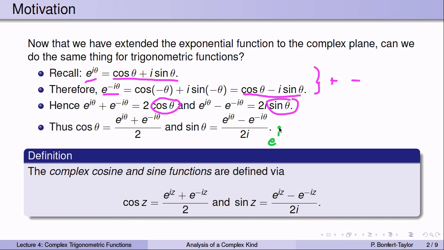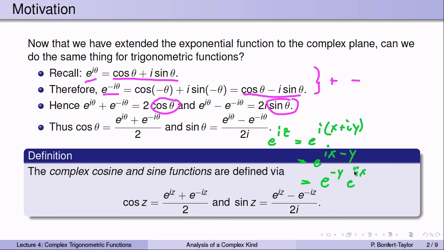What is e to the iz, by the way? Suppose z is x plus iy. So that's e to the i times x plus iy. That equals e to the ix plus i squared y, which is minus y. So that would be e to the minus y, which is our regular real-valued exponential function, times e to the ix.